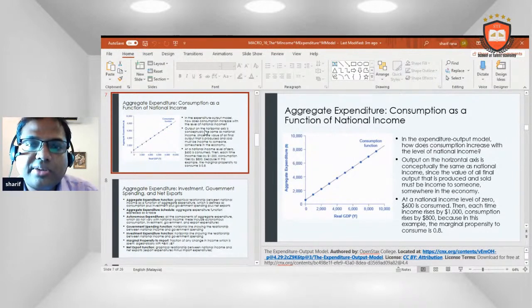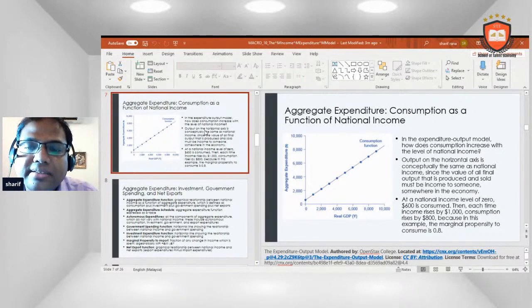Aggregate expenditure: consumption as a function of national income. In the expenditure model, how does consumption increase with the level of national income? Output on the horizontal axis is conceptually the same as national income, since the value of all final output that is produced and sold must be income to someone.